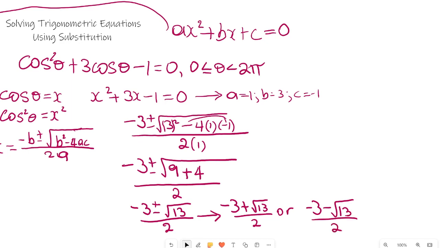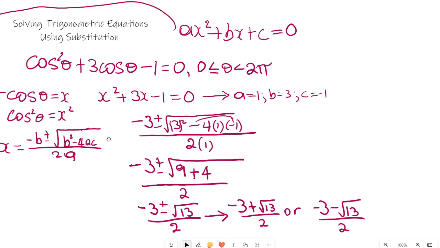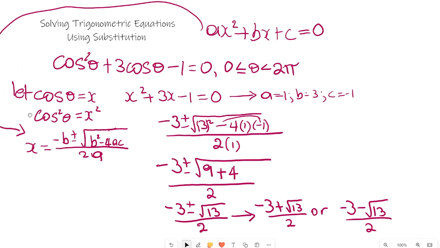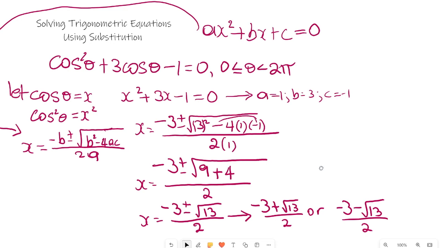So now let's come back to the fact that this isn't the original equation that we were solving. Remember, the original equation involved cosines. So we did this substitution where cosine theta is equal to x. So this here, recall that this is what we solve for. We solve for x. These rather are going to be our x values. So remember, cosine of theta is going to be equal to these values then.